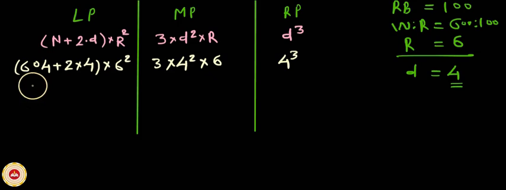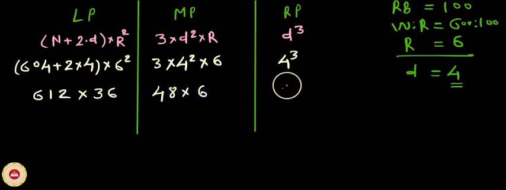Now let us solve it. 604 plus 2 4s are 8. That is 612. Correct? Multiplied by 6 squared, that is 36. Next, middle part, 4 squared, that is 16. 16 3s are 48, multiplied by 6, 64.